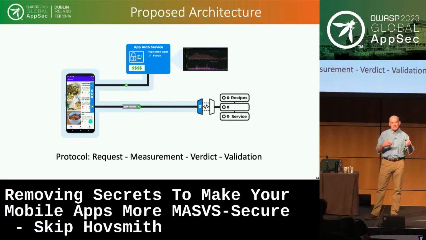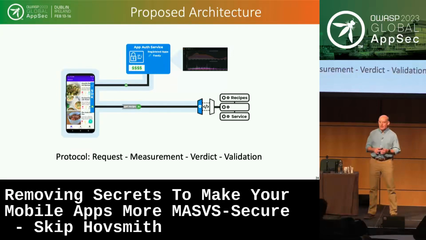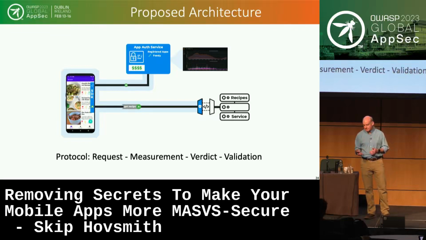Add that token just like a user authentication token. In fact, the two could be bound together if you wanted to. And that token would pass with the API call over into the backend, where a backend gateway would check and make sure that the token is alive, that it's short-lived, and that it's been properly signed.